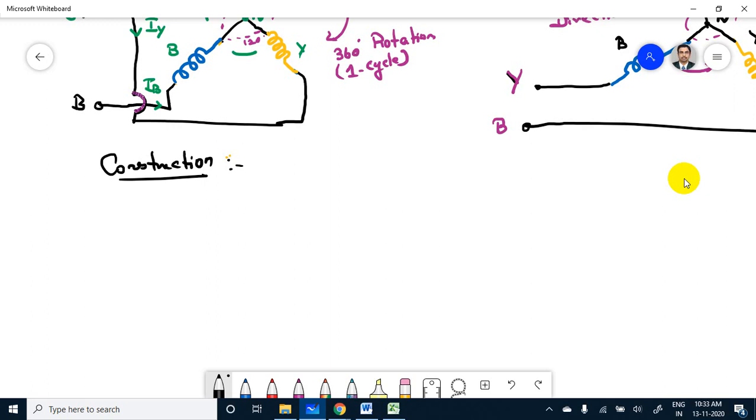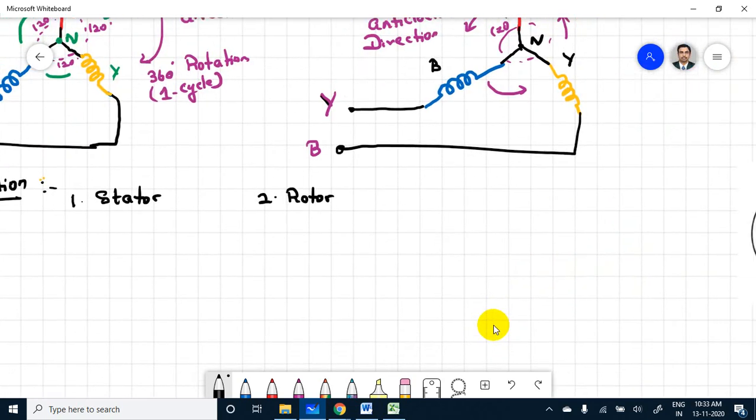So there are two major parts available: one is stator, another one is rotor. You see this diagram.